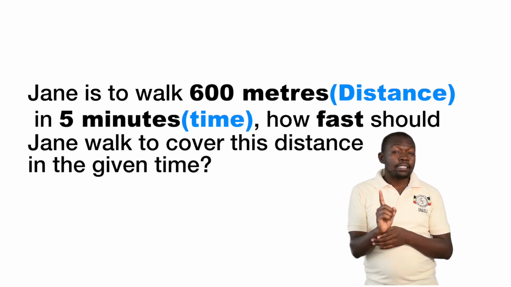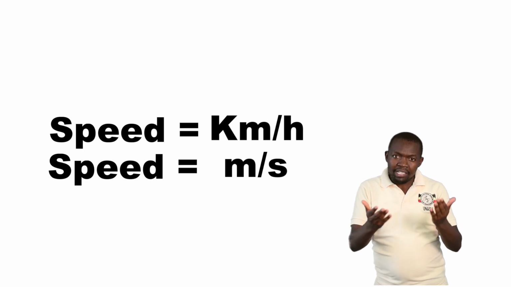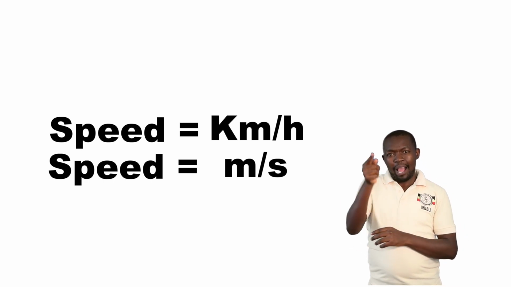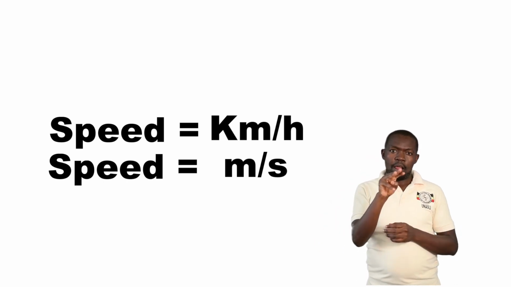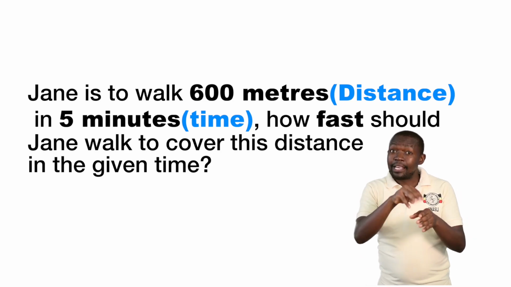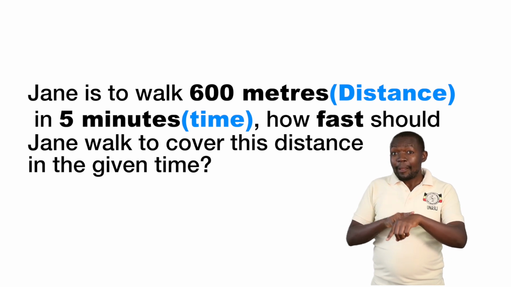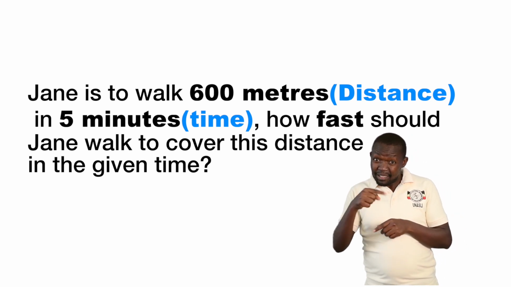But remember, we have said that speed can be measured in kilometer per hour or meters per second. Let's try to look at this question one more time. Our distance is in meters and our time is in minutes. Is this what we need exactly?